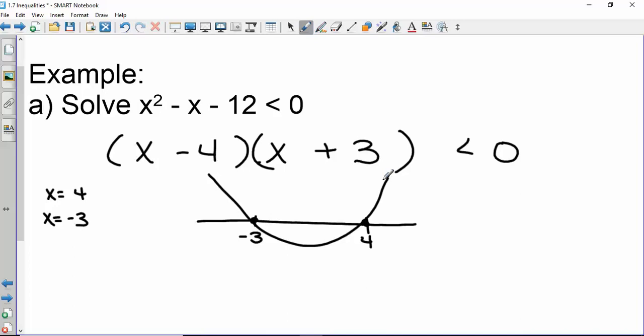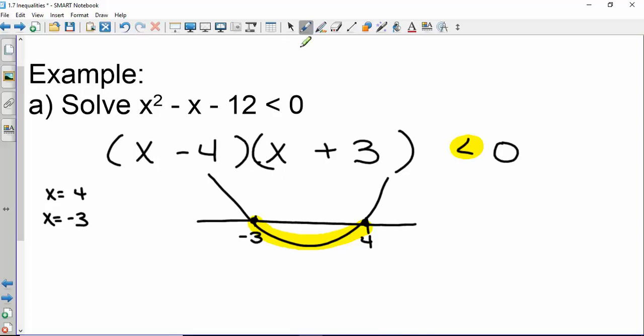Okay, my problem asks me when this would be less than 0. Less than 0, does that mean above or below the x-axis? Below. So this graph is below the x-axis there.